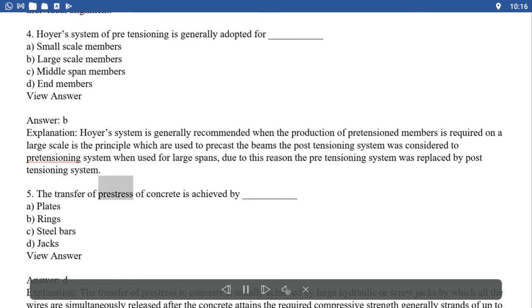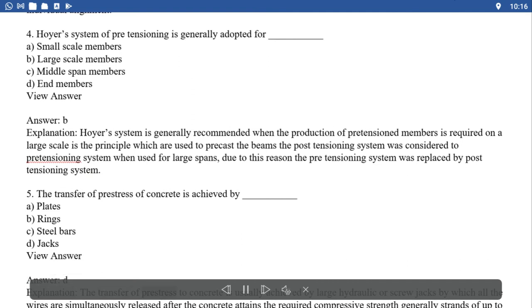5. The transfer of pre-stress to concrete is achieved by blank. A. Plates. B. Rings. C. Steel bars. D. Jacks. Answer D. Explanation.